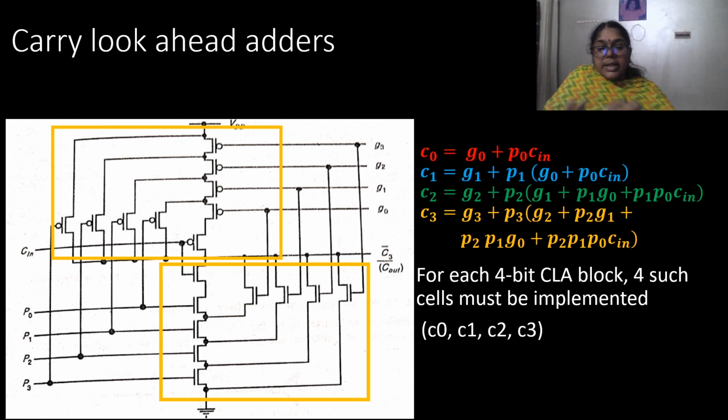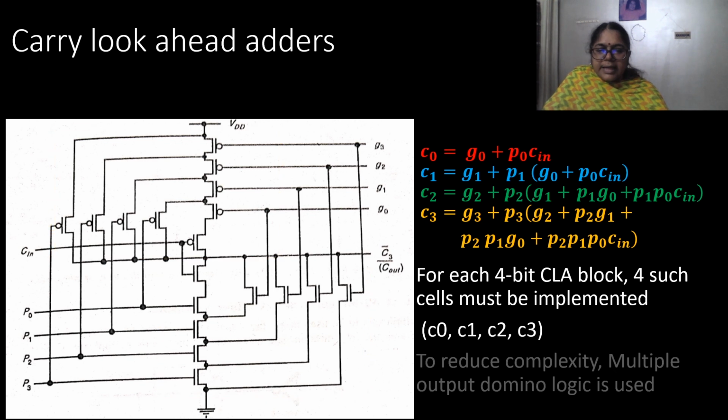Now you can see that for a 4-bit carry look-ahead adder, if each of the carry bits which are being generated are actually realized using such type of circuit, then 4 such circuitries must be implemented, one for C0, C1, C2 and C3.